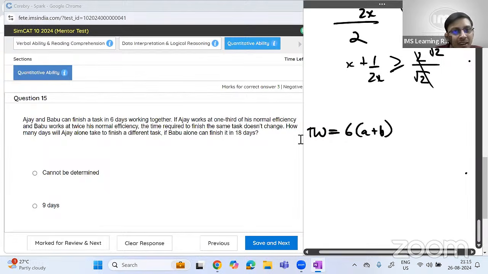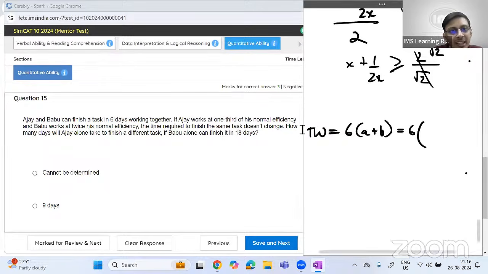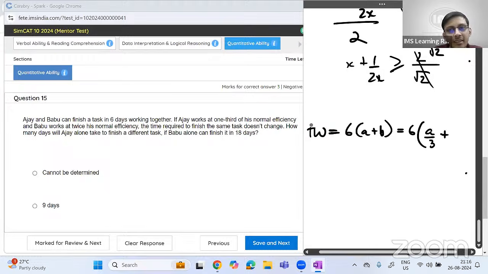If A works at 1/3 normal and B at twice normal, the time doesn't change, so the efficiencies are the same. 6 will cancel. So A plus B is equal to A by 3 plus 2B. So 2A by 3 is equal to B. Now we can get the ratio of A and B.